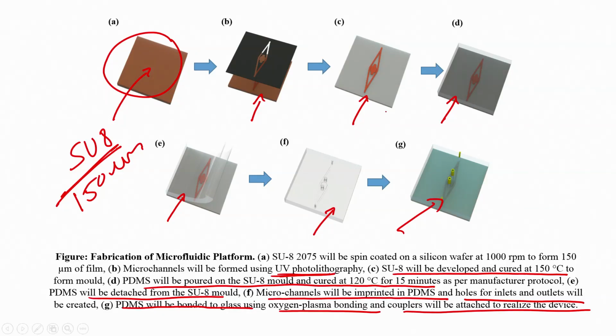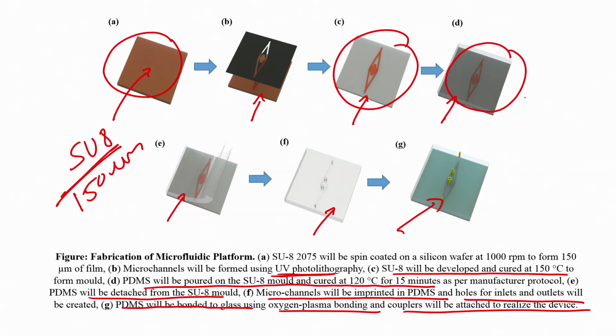Then we cure the SU8, and after curing the SU8 we get the mold, which is right over here. This is our mold, right. After the mold, we pour PDMS on the mold. After pouring PDMS, we have to cure PDMS at 120 degrees centigrade for about 15 minutes.